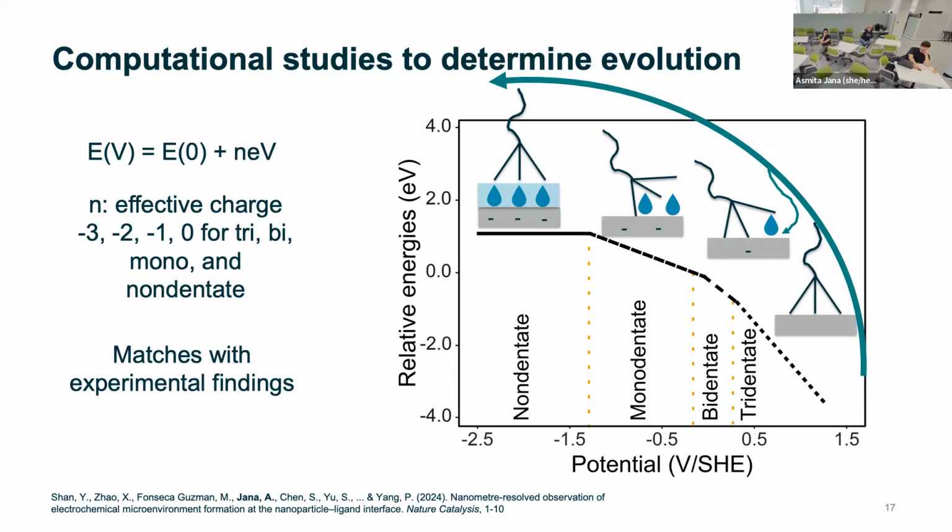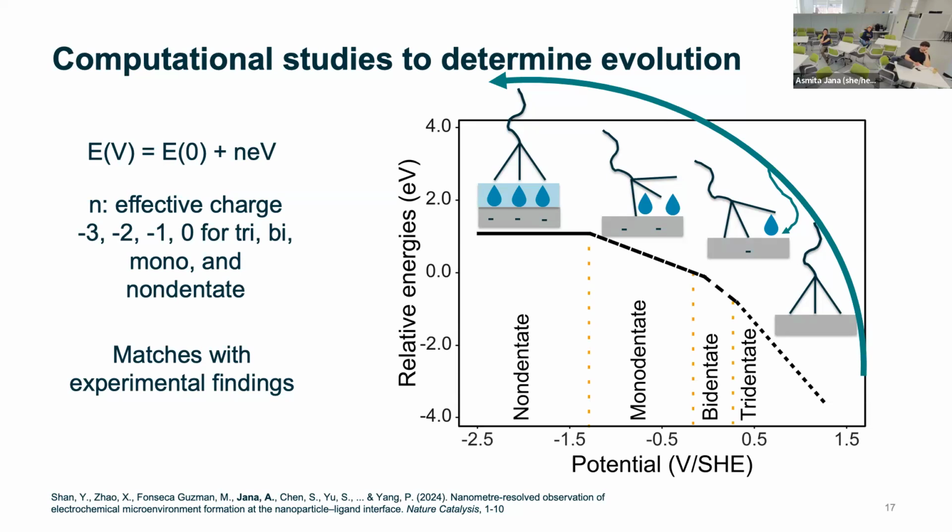What I found was that at more positive potentials, it's tridentate. As soon as you start making it more and more negative, it moves from tridentate to bidentate to monodentate, and then finally to non-dentate. So that's what we had hypothesized before, and that's what we confirmed with our computational methodology as well.